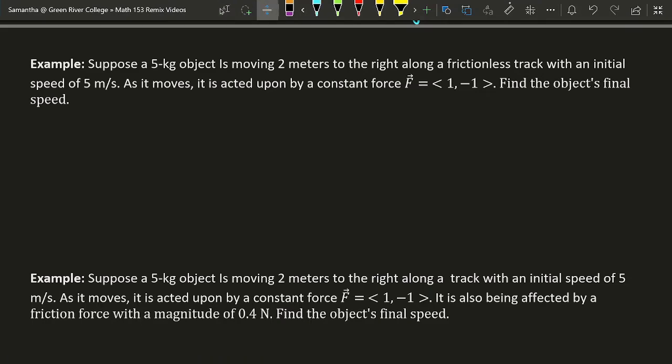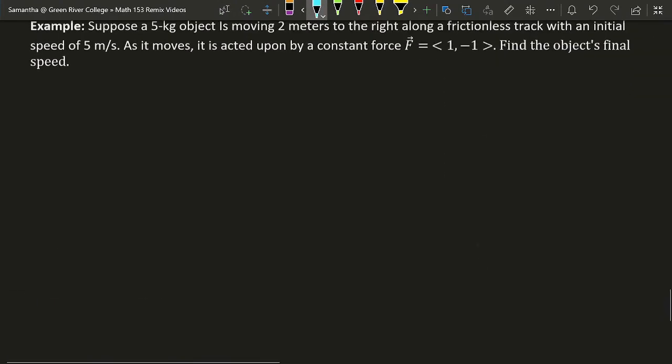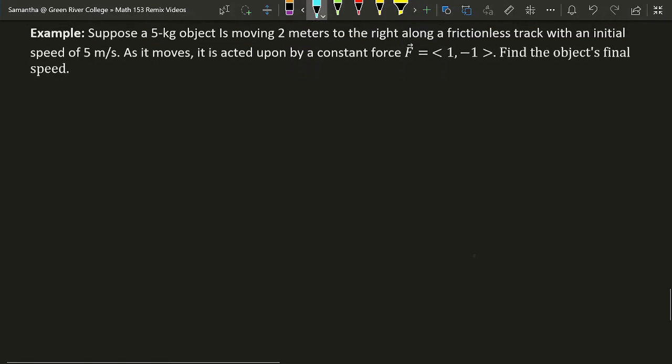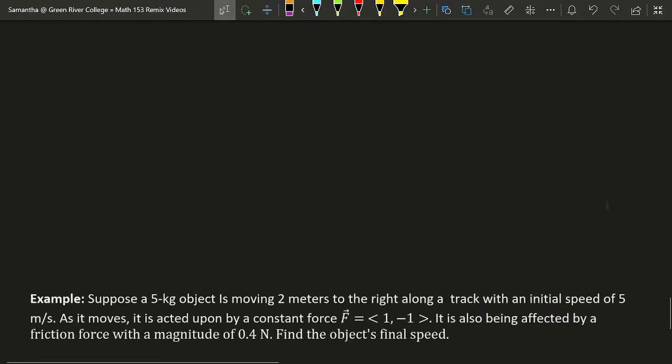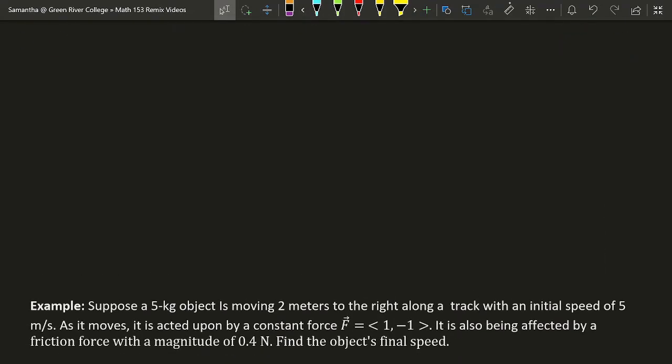In a situation as complicated as this, I'm going to think about working from the ultimate goal backward. My goal ultimately is to find the object's final speed, its speed at the final time, let's call it v2. Now I do know that v2 is related to the final kinetic energy.